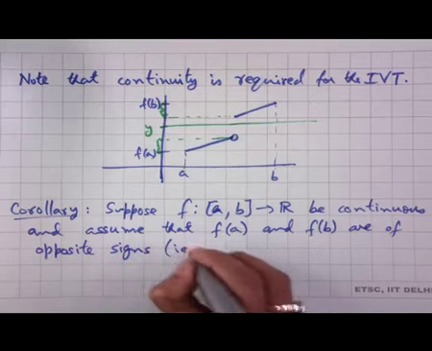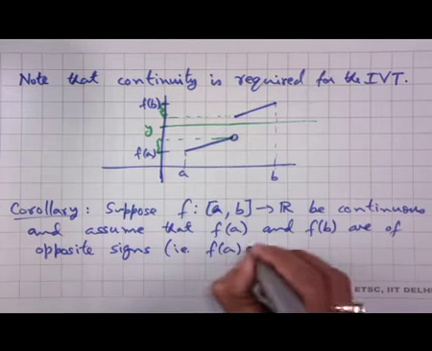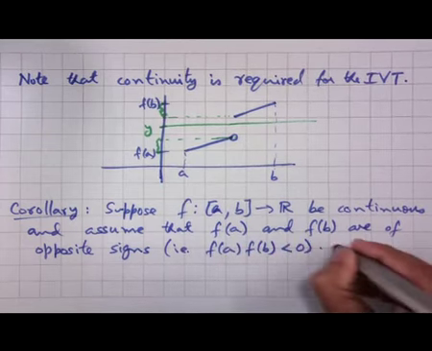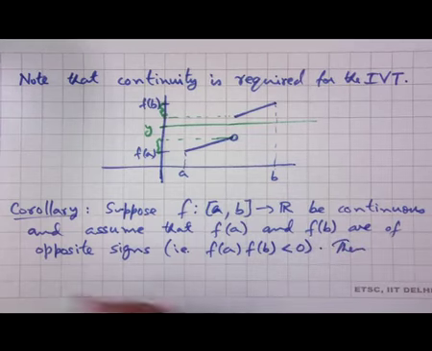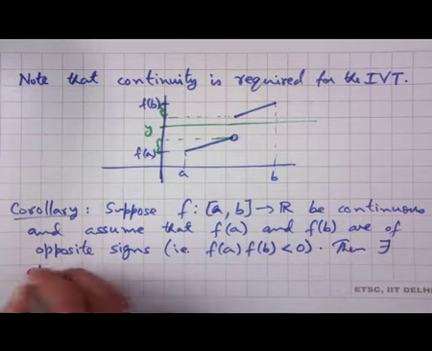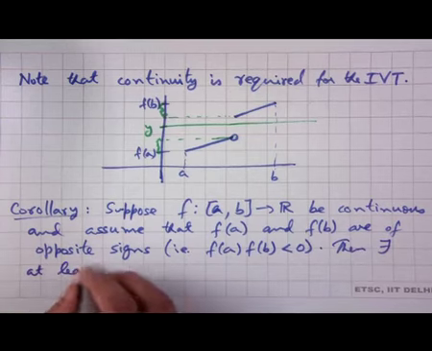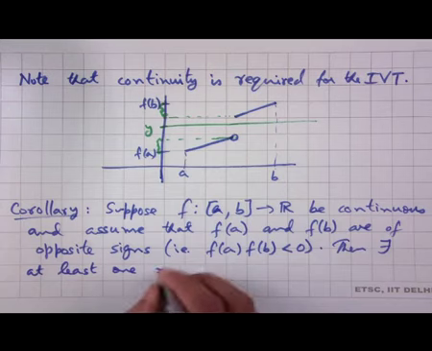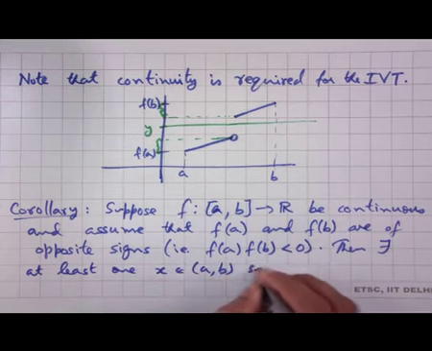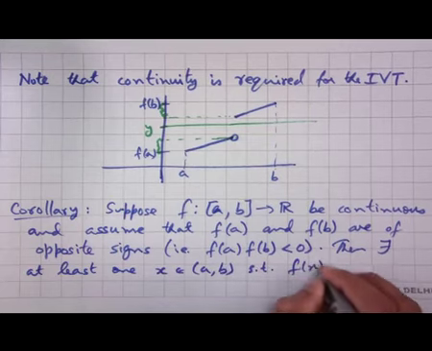That is, the product f of A times f of B is negative, then there exists at least one x in the open interval (a, b) such that f of x is equal to 0.